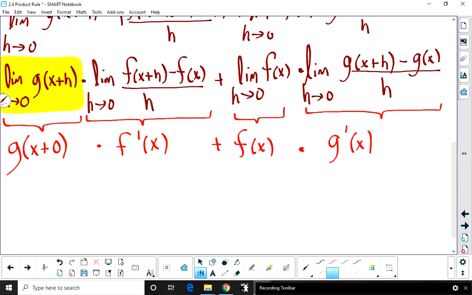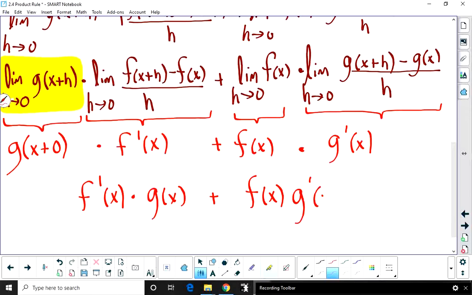So look what we're left with. We're left with f prime of x times g of x plus f of x times g prime of x. We're left with the derivative of the first times the second plus the first times the derivative of the second.